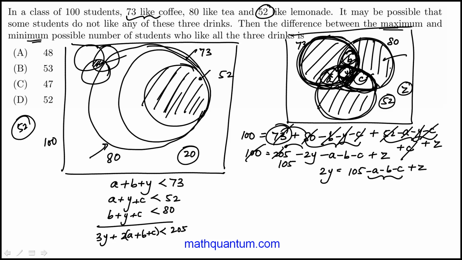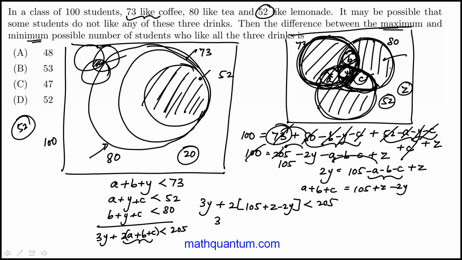From this, I'm going to isolate A plus B plus C. I'll move it to this side, and it becomes 105 plus Z minus 2Y. I'm going to plug that in here to see what constraint I get on Y. So 3Y plus 2 times that, this would be 210 plus 2Z minus 4Y less than 205.